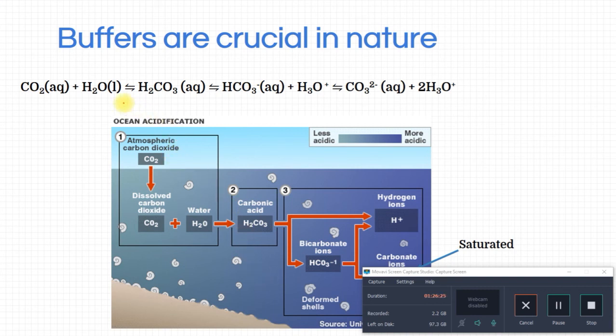So this is the bicarbonate buffer system. And the way it works is CO2 dissolves in water to produce carbon dioxide that's dissolved. That reacts pretty quickly with water to form something that's called carbonic acid. This is what Sunset Carbonic sells down on the road.